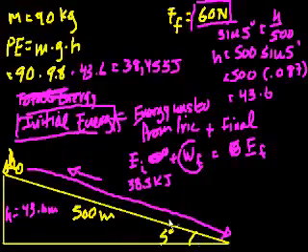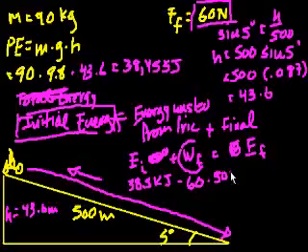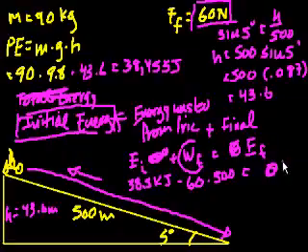Well, it's 500 meters, and for the entire 500 meters, it's always pushing back on the rider with a force of 60 newtons. So force times distance, it's minus 60 newtons, because it's going in the opposite direction of the motion, times 500. And this is going to equal the final energy, right?